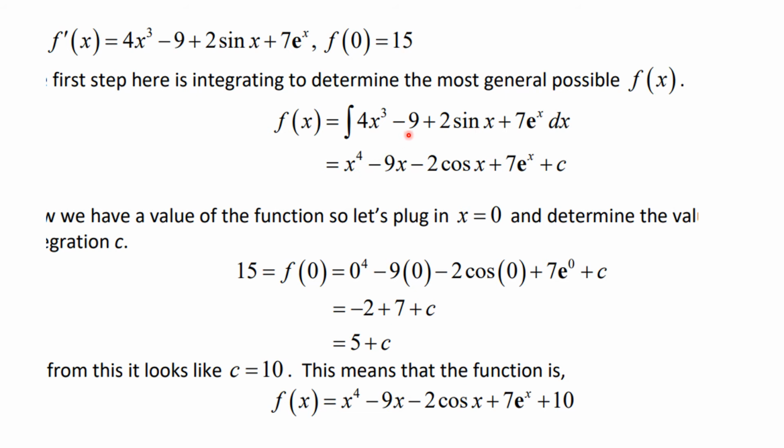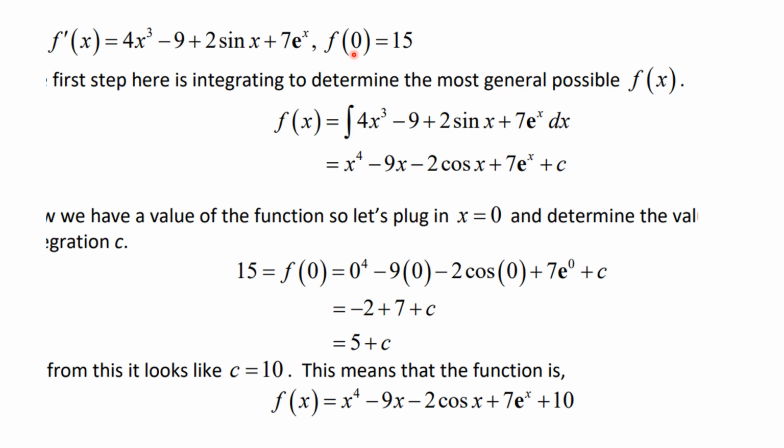The integral with respect to x of minus 9 is minus 9x. The integral of this is going to be minus 2 cosine of x, because the antiderivative of the sine of x is the negative cosine of x. And here I just get 7e to the x, and there's my constant of integration.